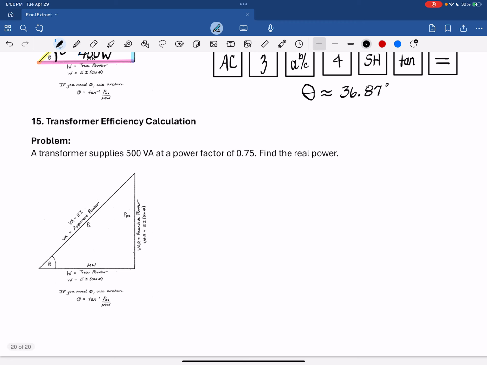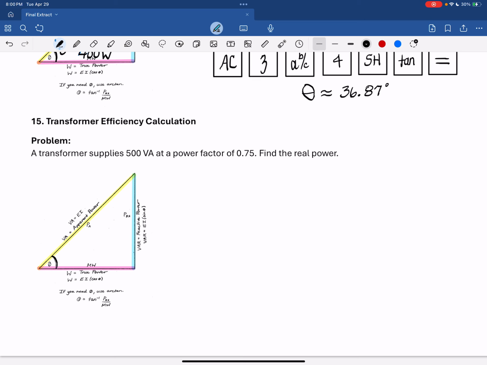Hopefully number 15 is a little more straightforward for what we need. Let me go ahead and put in the colors. There's adjacent. There's opposite. And here is hypotenuse. And in here is little theta.